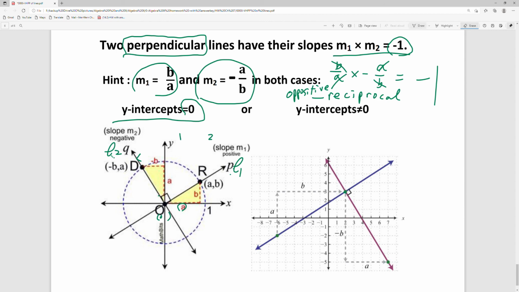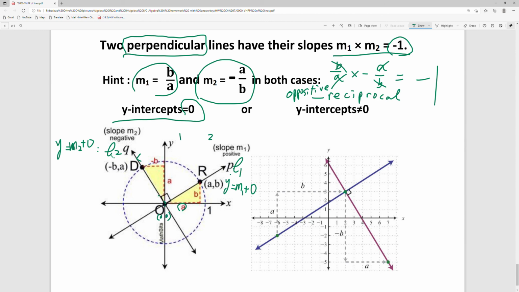So line 1, you can say is y equals m1 plus 0, because the y-intercept is 0. Line 2 is y equals m2 plus 0.